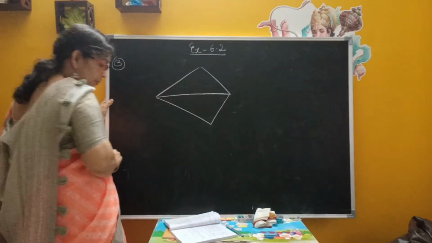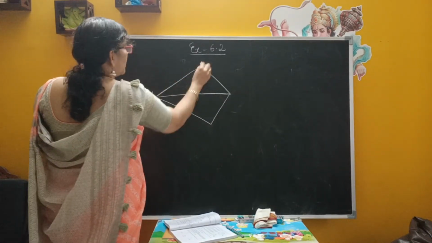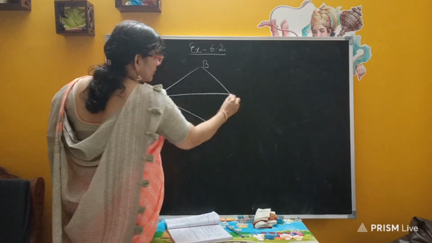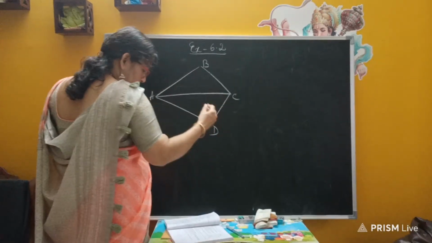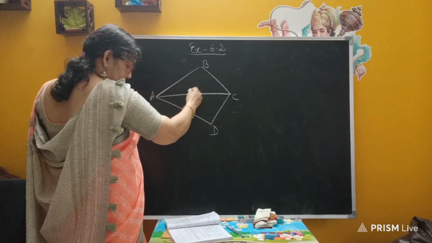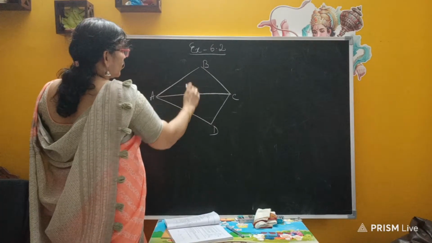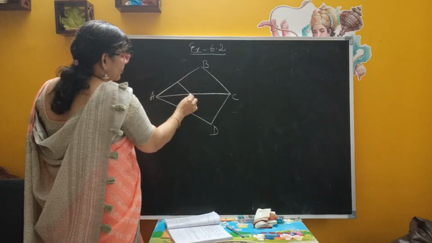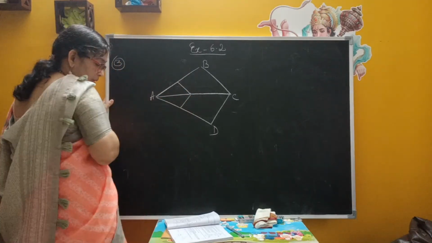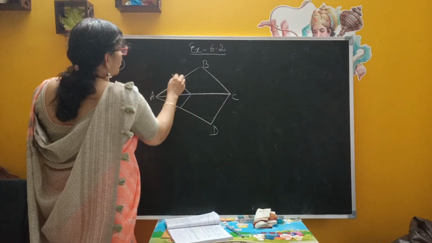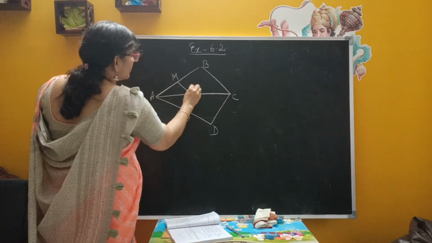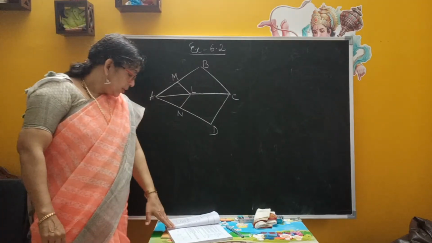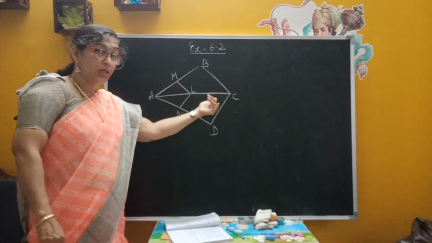We have this figure A, B, C, and here there is a point L. And here these two points are M and N. The question is, in figure 6.18, this is the figure given.